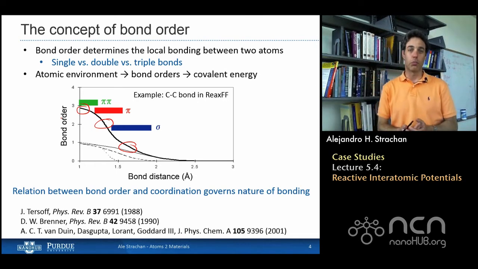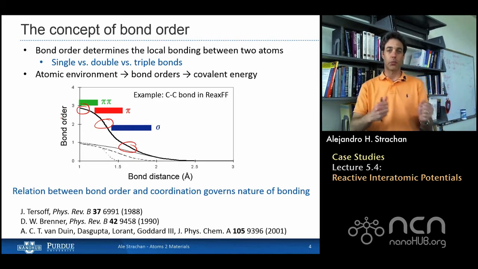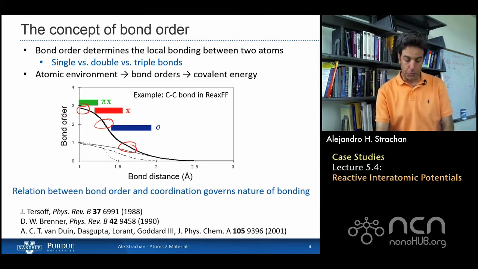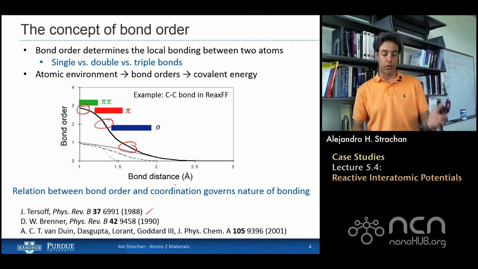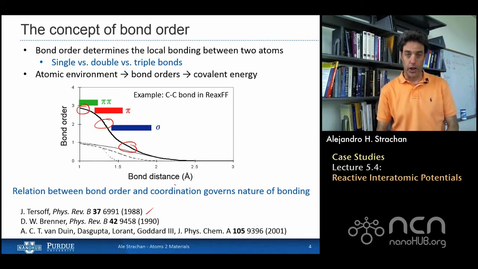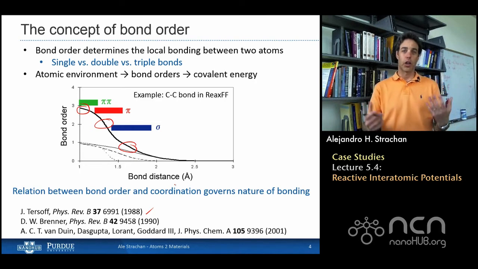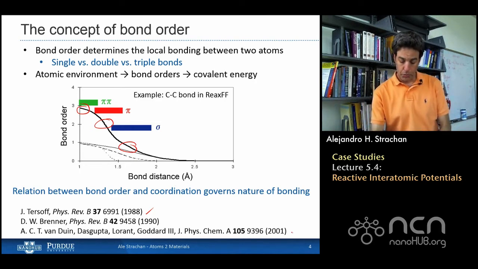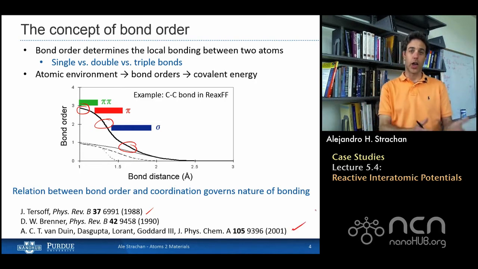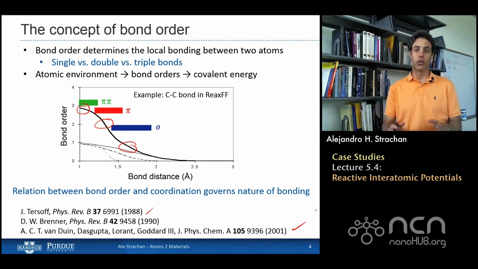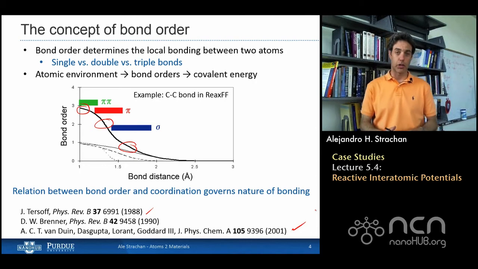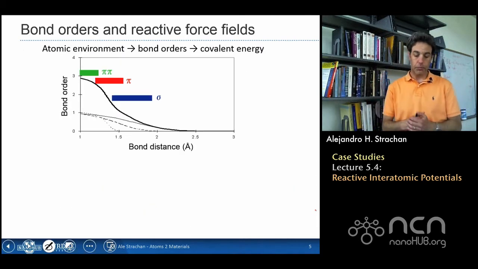These ideas of bond orders and the relationship between environment and bond orders can be traced back to the late 80s with Tersoff and Brenner in the early 90s, and have been used also more recently in ReaxFF, which is the most widely used and most general interatomic potential we have today.